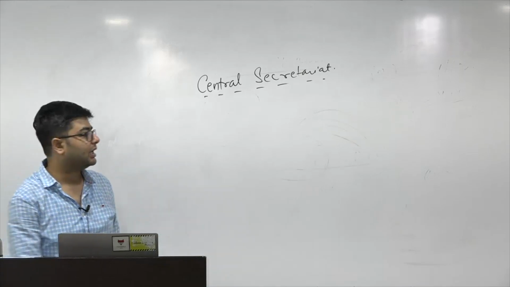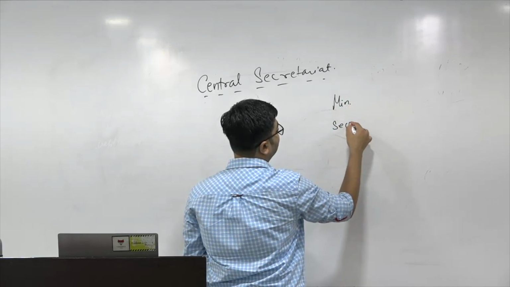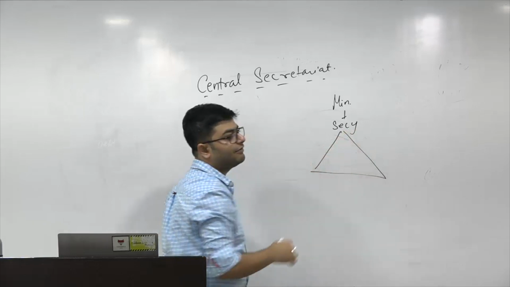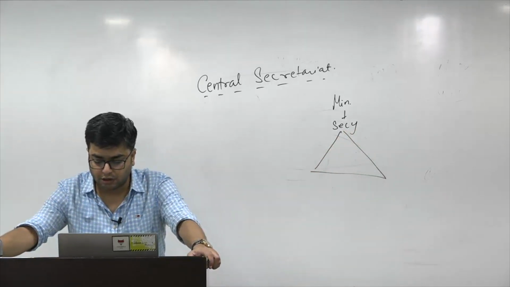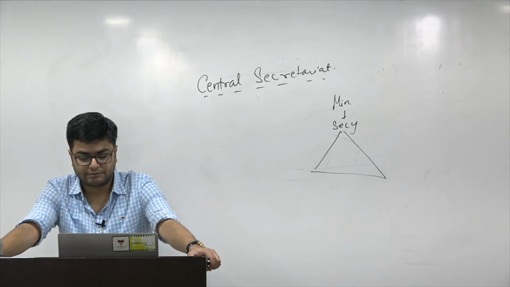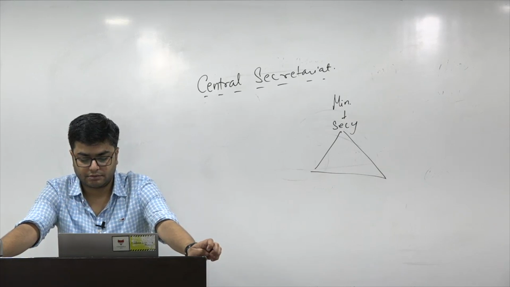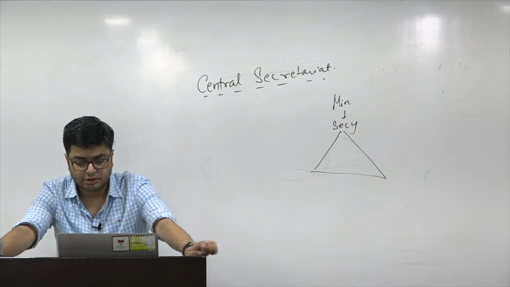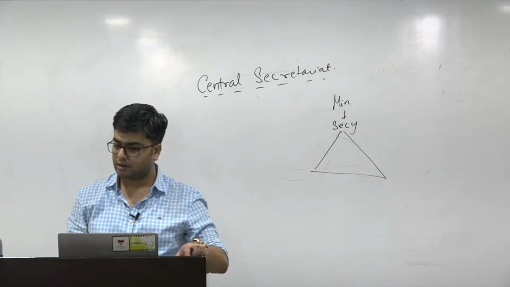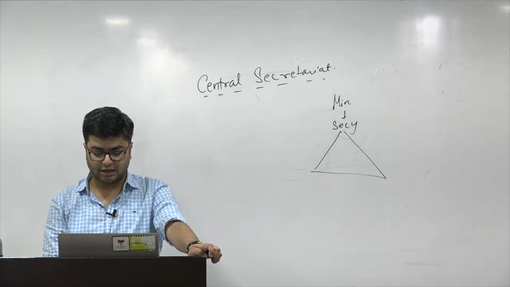And hence, you have the minister, you have the secretary, and you need an organizational paraphernalia below that secretary in order to discharge the work. So it was how the British executive used to run, but after independence the ministers came, but the paraphernalia remained.